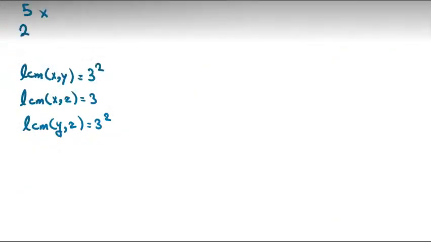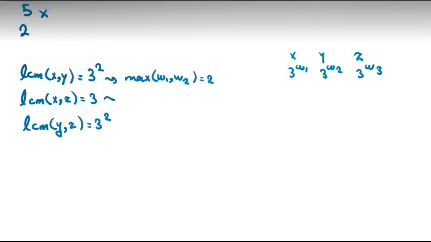Again, I consider 3 to the w1 for x, 3 to the w2 for y, 3 to the w3 for z. From this, the maximum of w1, w2 is 2. The maximum of w1, w3 is 1. The maximum of w2, w3 is 2.